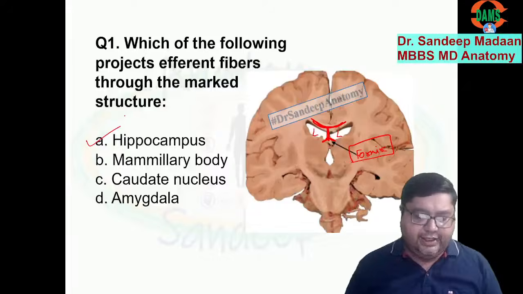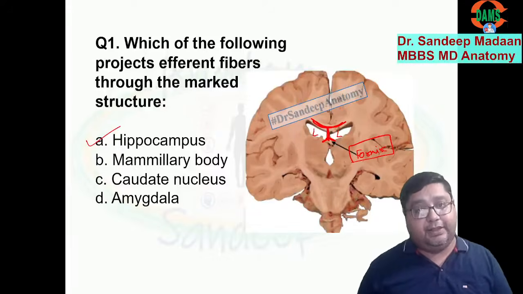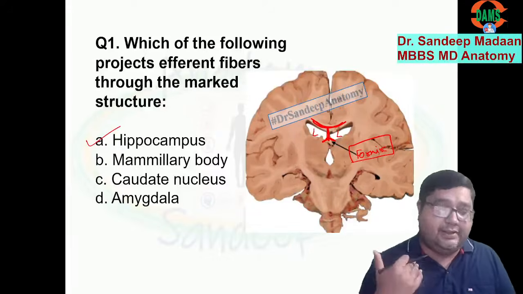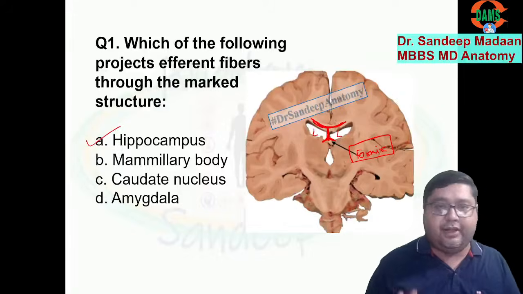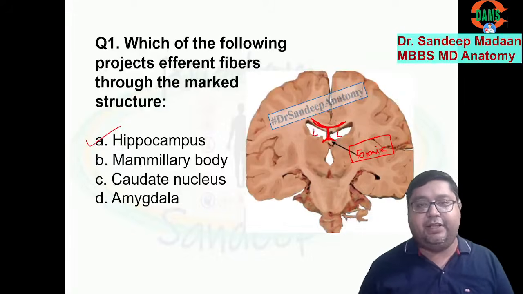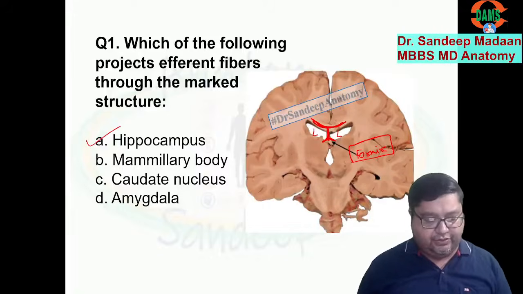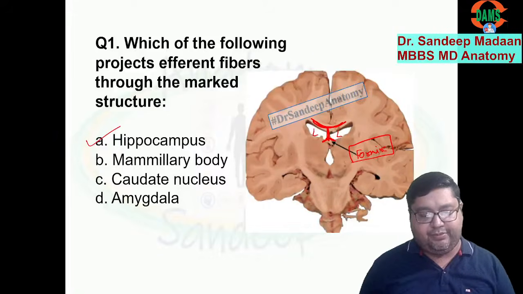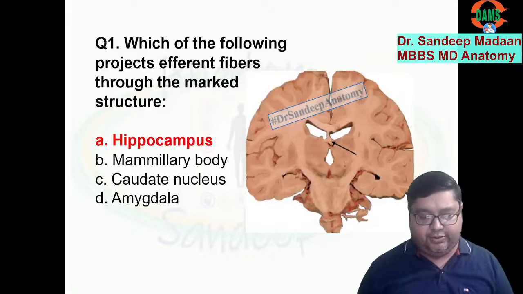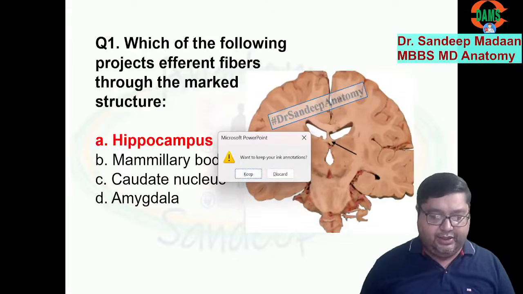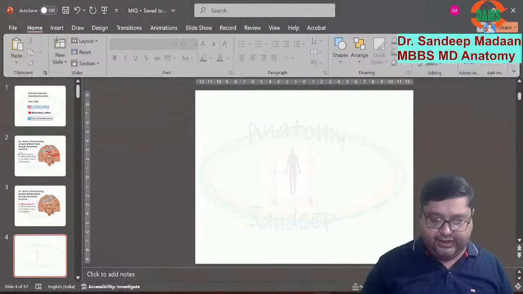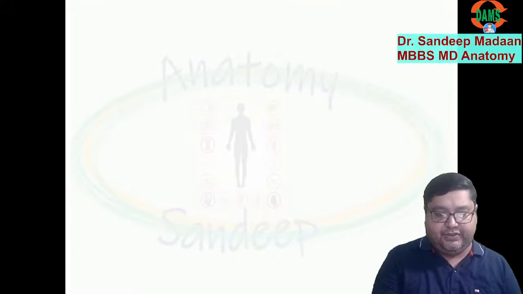Now, regarding the hippocampus, it will be sending the efferent as fornix, but where will this efferent reach? As efferent, it will reach the mammillary body. And in this aspect, it is important for us to understand something very important called the Papez circuit. The answer will be hippocampus, but we will also add over here the Papez circuit.